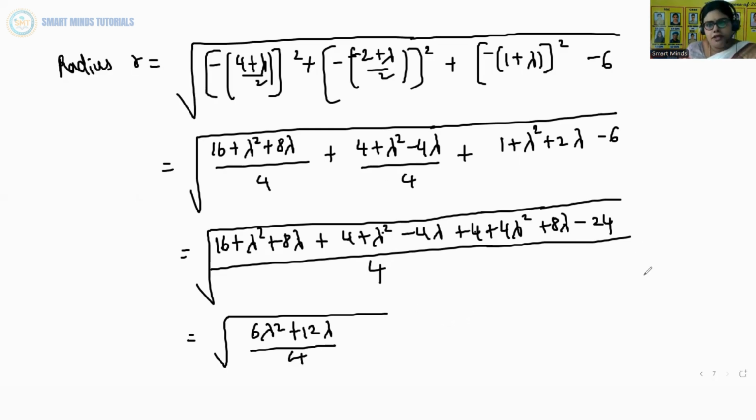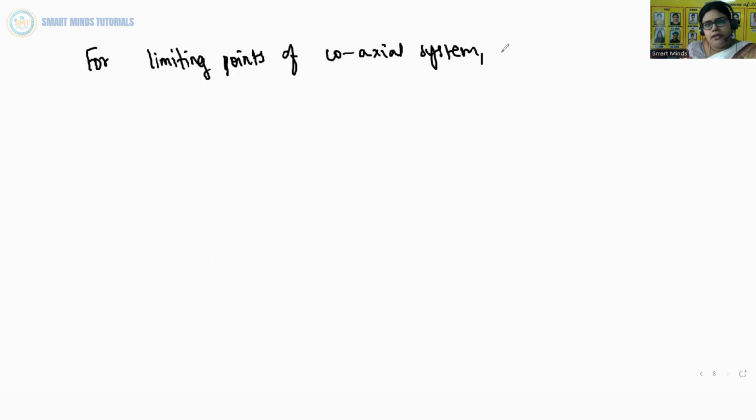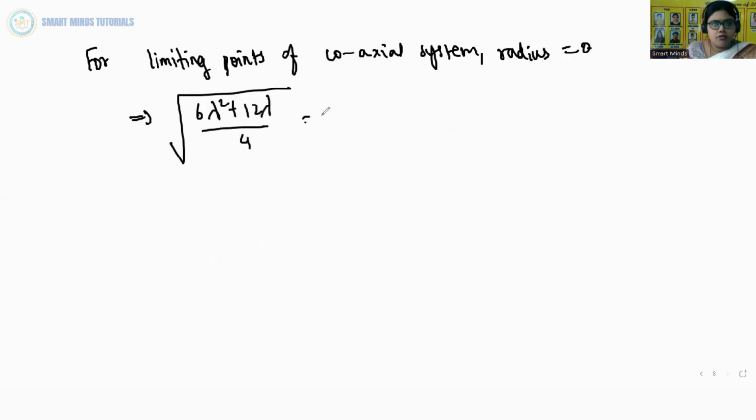Now after finding radius, we need to check the limiting points condition. So for limiting points of coaxial system, radius is equal to 0. So the radius which we got, root over (6 lambda square plus 12 lambda) by 4 is equal to 0.